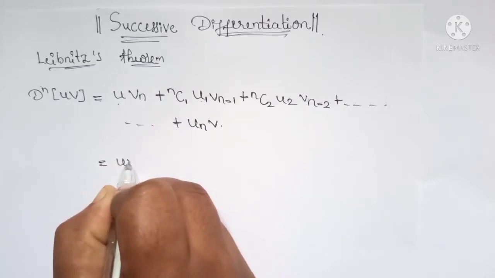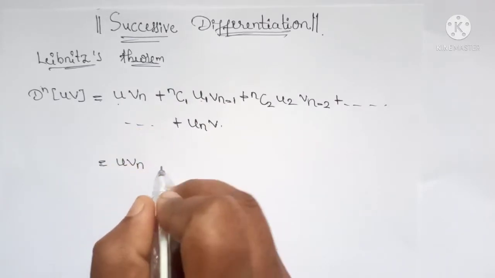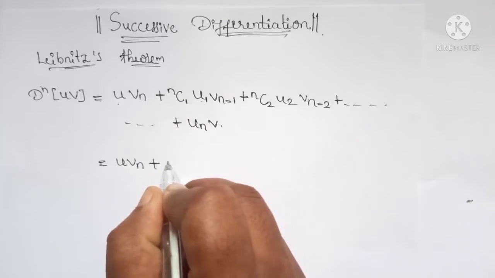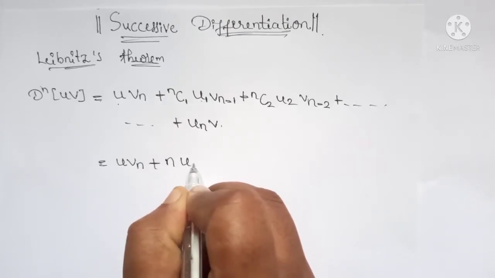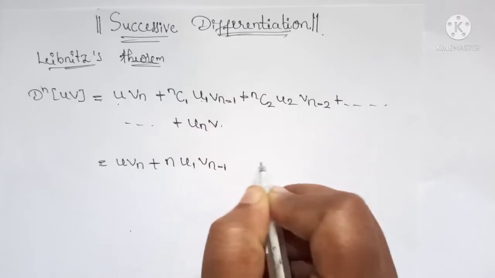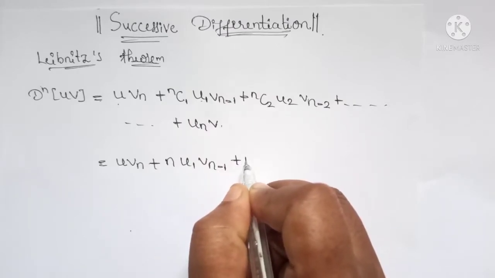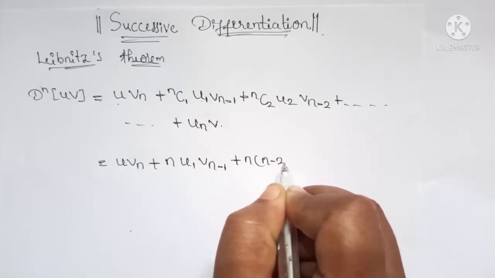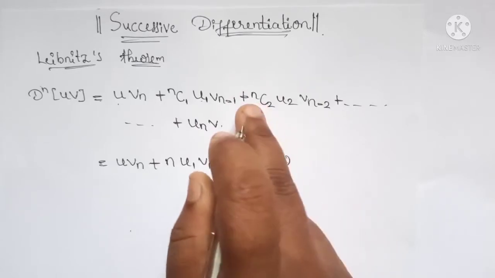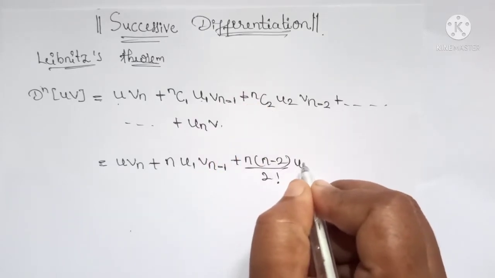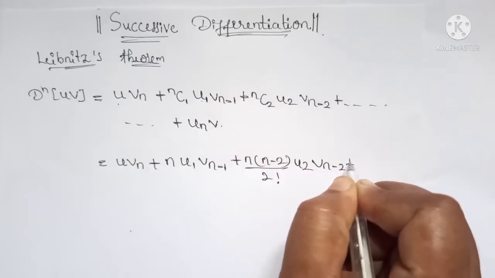You may take this as u into vn plus nC1 value, which is n, u1 v(n-1), plus n into (n-1) divided by 2 factorial, this is the nC2 value, u2 v(n-2).